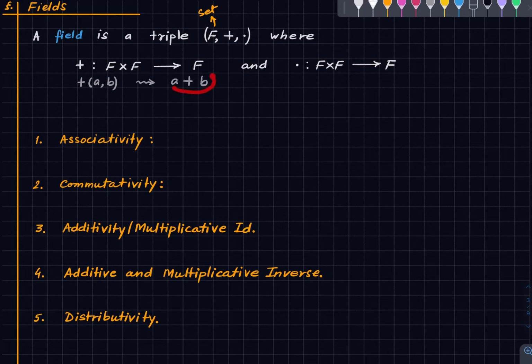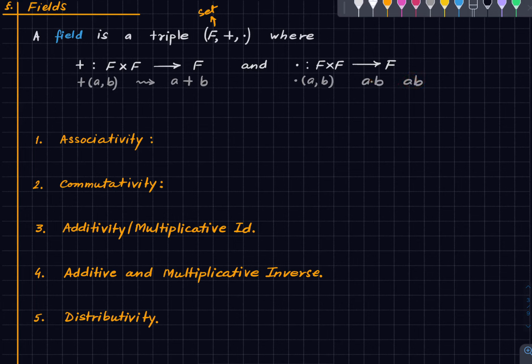This is just a more convenient way of expressing it. Technically it is the former, but when we write this, we just mean that. Similarly for multiplication, instead of writing this, we will just write that, or we may even write this. In fact, most of the time we will be writing this. This dot will be suppressed.